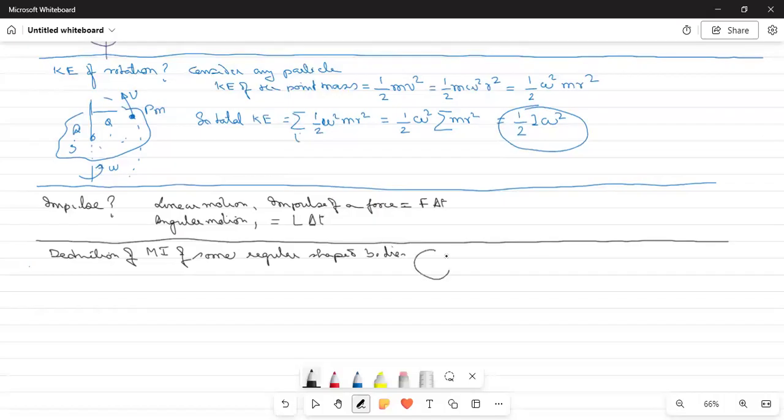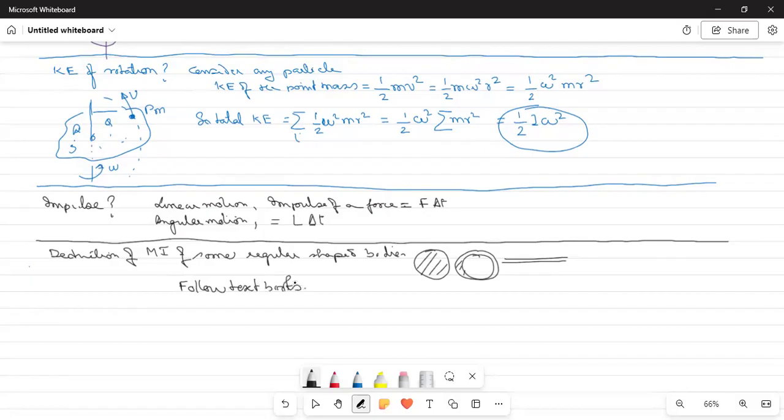Like if it is a circular disc, or a ring, or a rod, these are the regular shaped bodies. These deductions of moment of inertia of these bodies are very simple, but let me warn you, they are very important for your examinations. In many examinations, they give you a problem to do the deduction. These deductions, you follow your textbooks. I'll not deduce them here. Textbooks all have them.